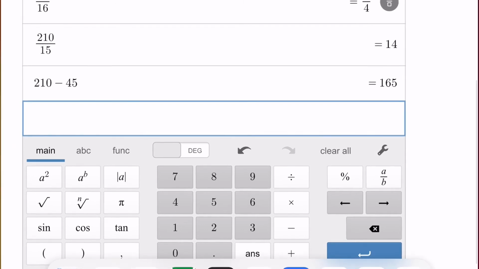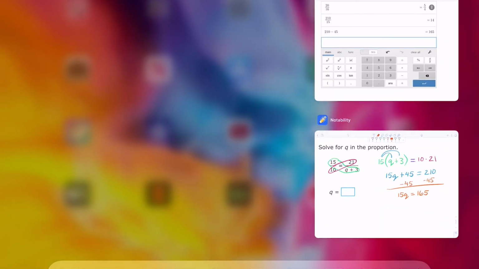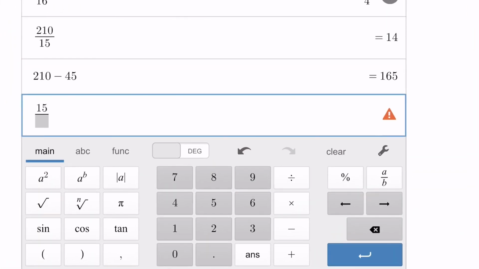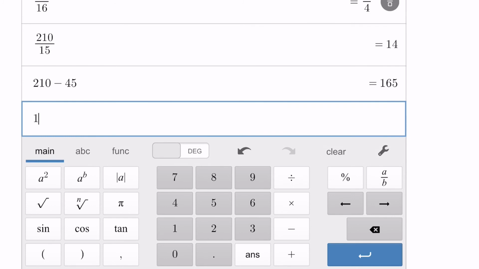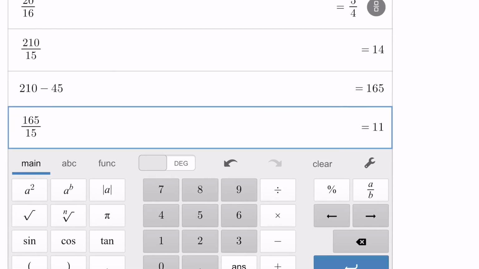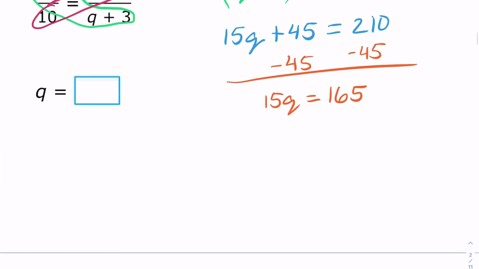I get 165. Good. And I'm now going to divide that by 15. That is 11. Yep. So lastly, I'm going to divide by 15, and I get Q equals 11.